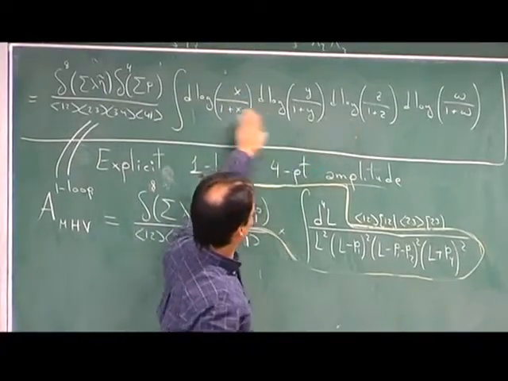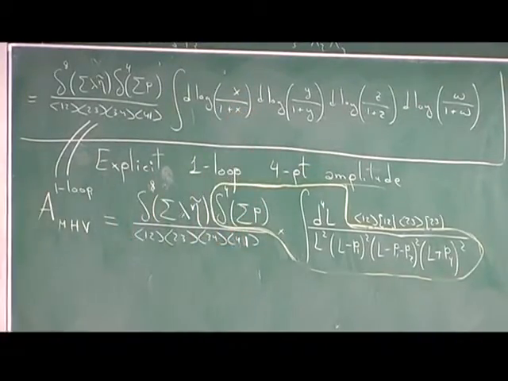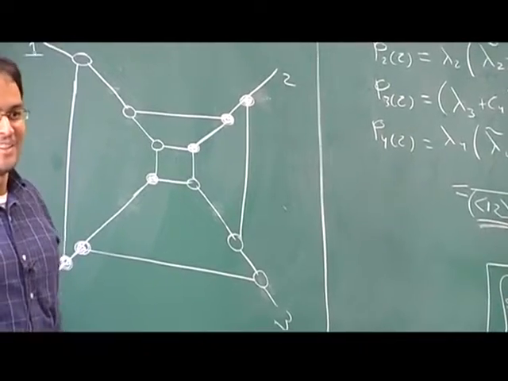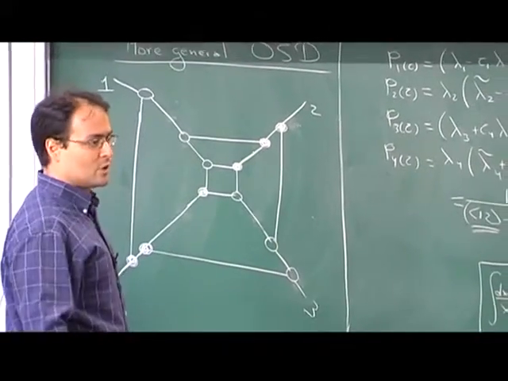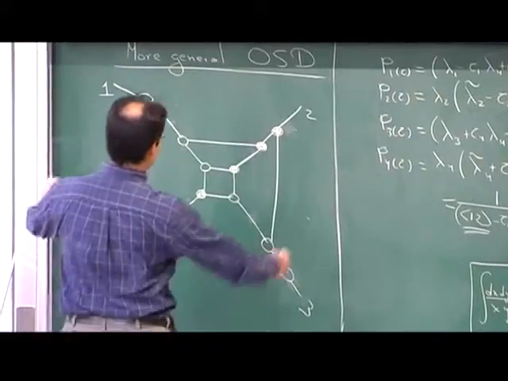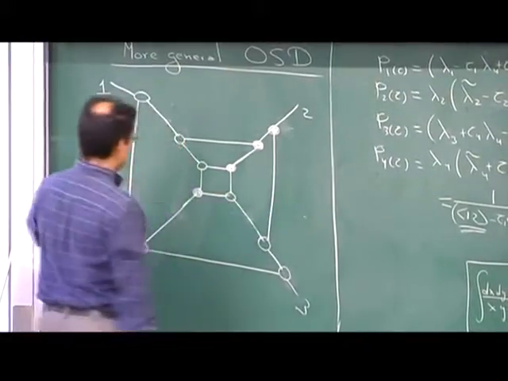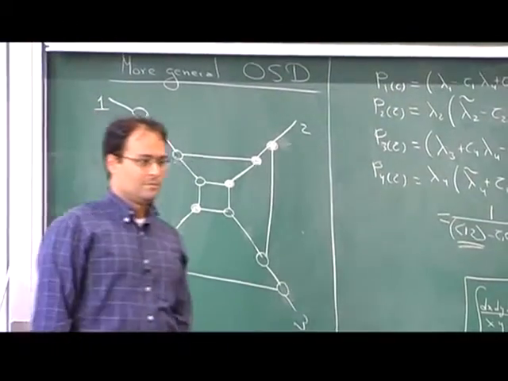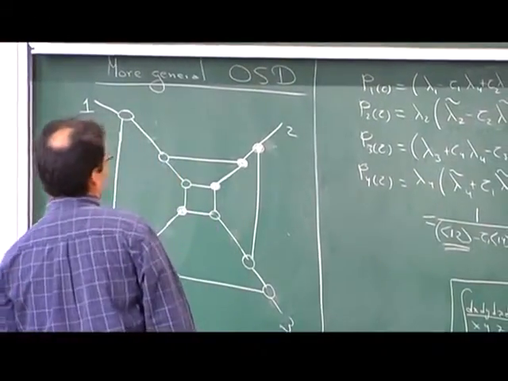Just relabeling the variables, we get exactly what we got before. So surprise, this on-shell diagram not only has physical meaning, it has all the physical meaning you need. It's the full one-loop 4-particle amplitude, all contained in a single, purely on-shell structure. Okay?